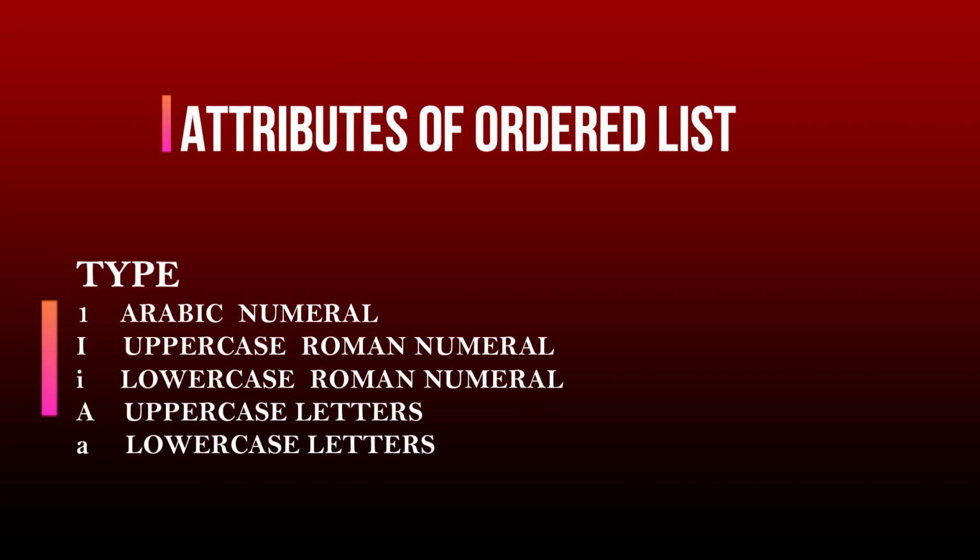The attribute values of the type attribute are Arabic numbers, uppercase Roman numerals, lowercase Roman numerals, uppercase letters, and lowercase letters. And the attribute value of the start attribute is a number that is denoted by n. It can be 1, it can be 2, it can be 3, etc.